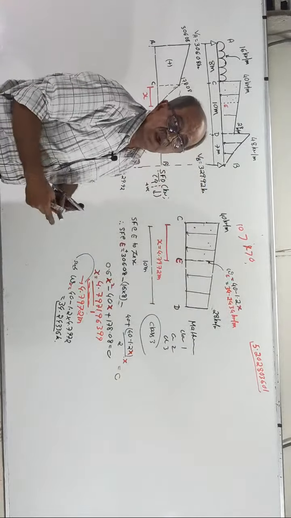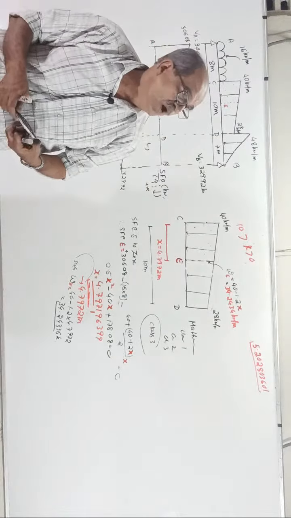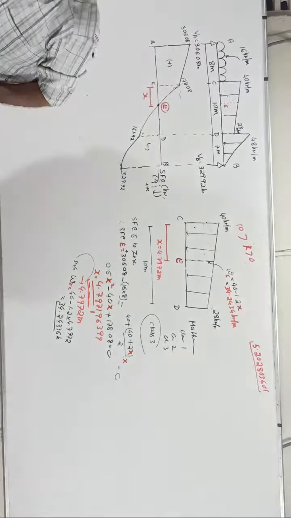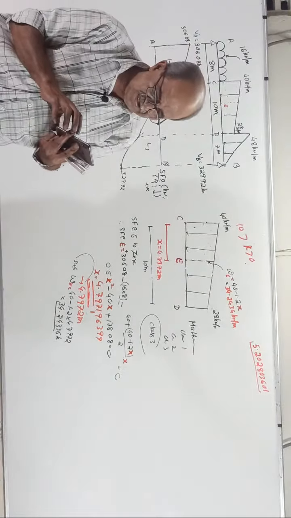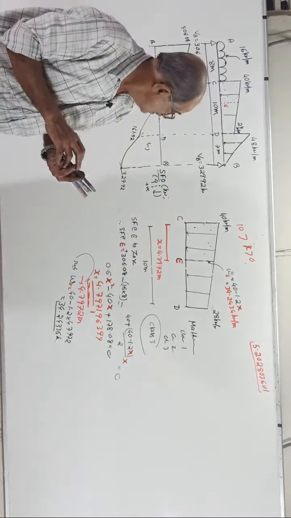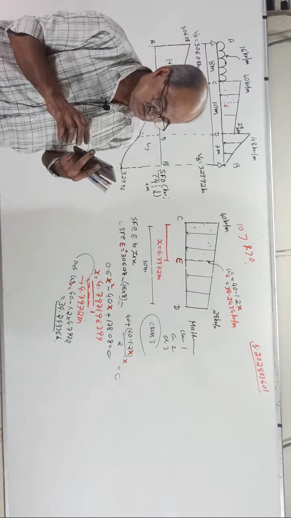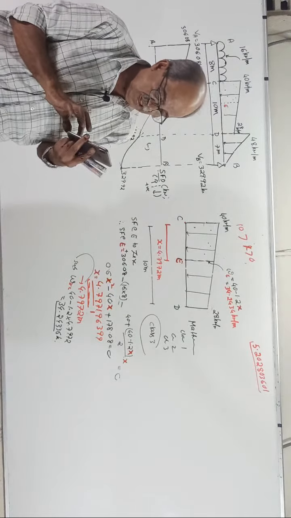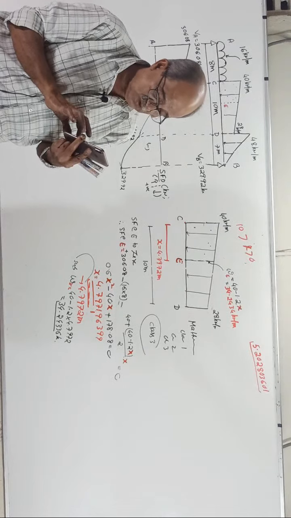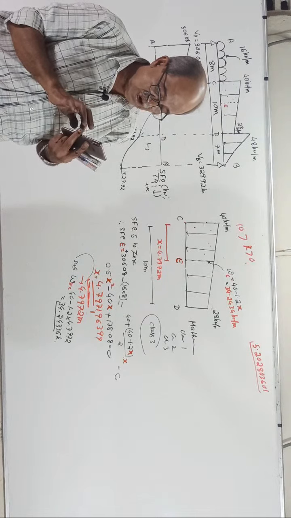Kilonewton per meter. Was it the same answer we wrote yesterday? Tell me. Was the same intensity we concluded yesterday also? I do not want changes. Okay, I'll see the photo. If I see the photo, I can make out. You are not answering. I have to see the camera.